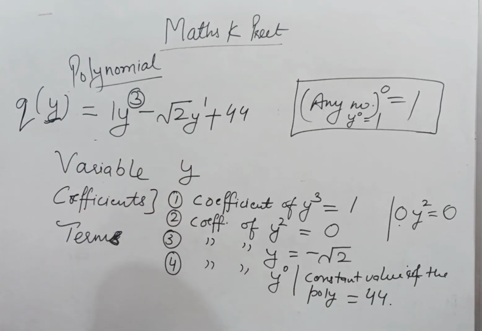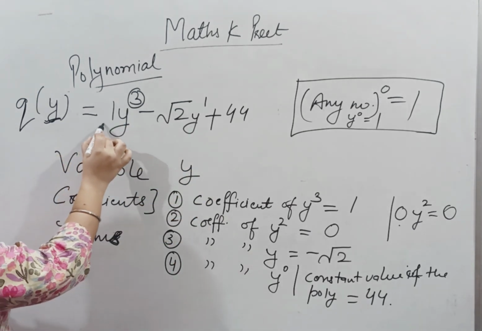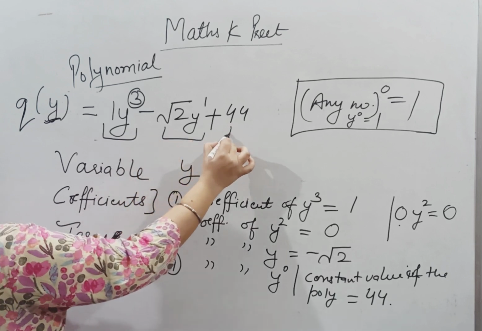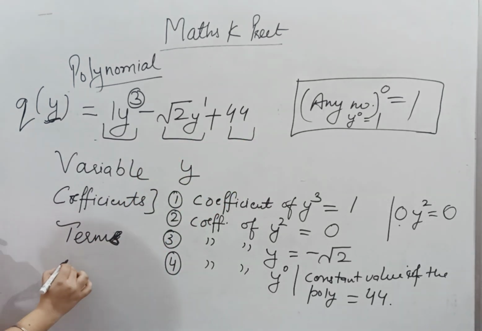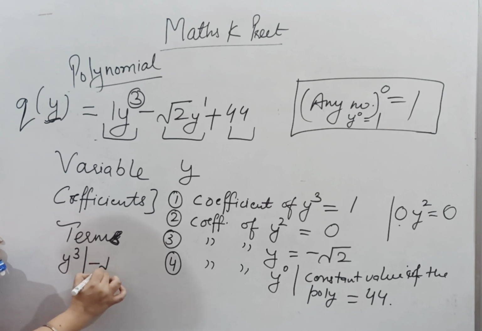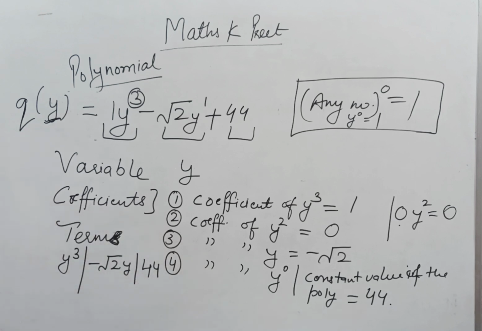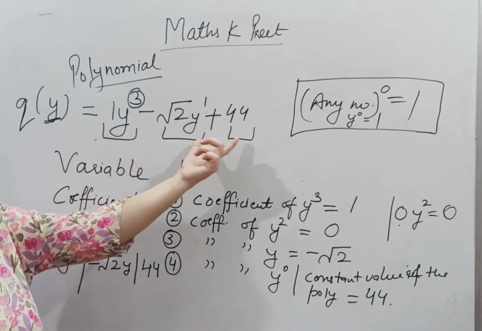Next are the terms. What are the terms? This polynomial has 3 terms. So the first term is y cube. The second term, along with the sign, is minus root 2 y. The third term is 44. So the terms here are 3, finite.